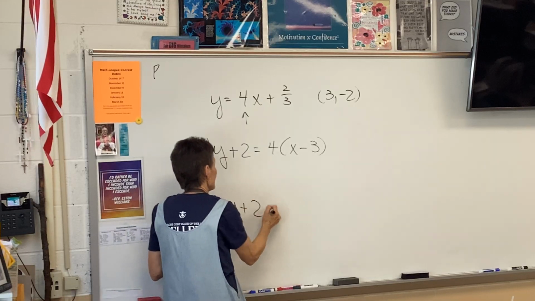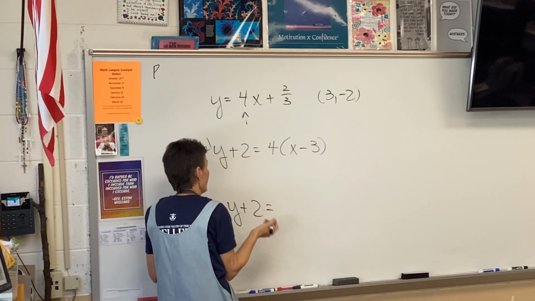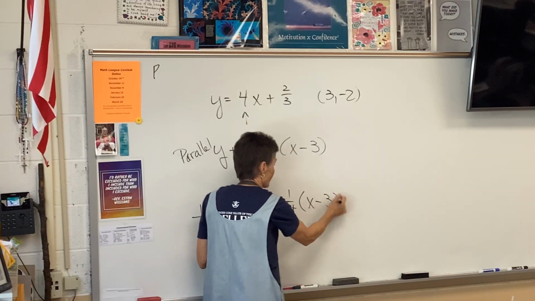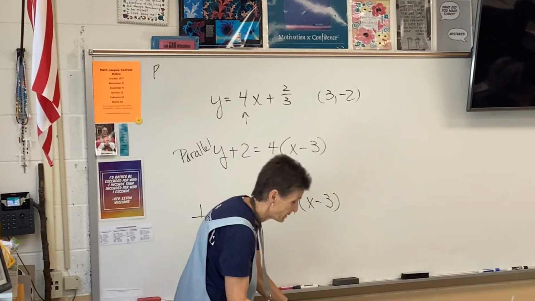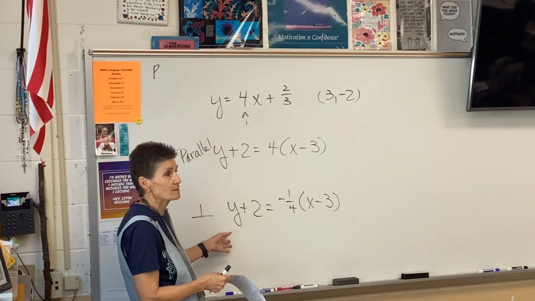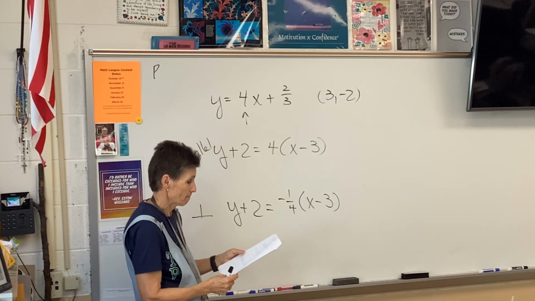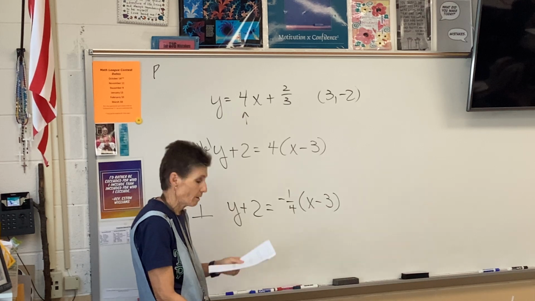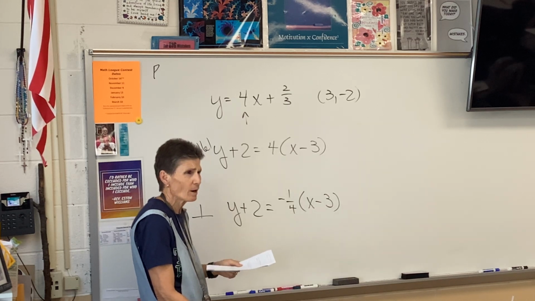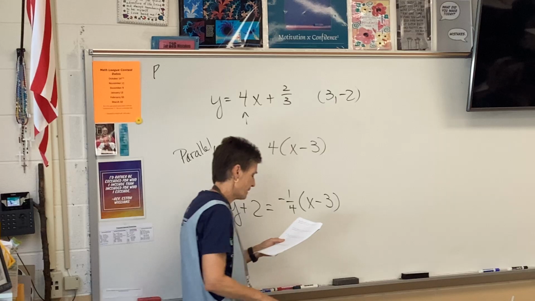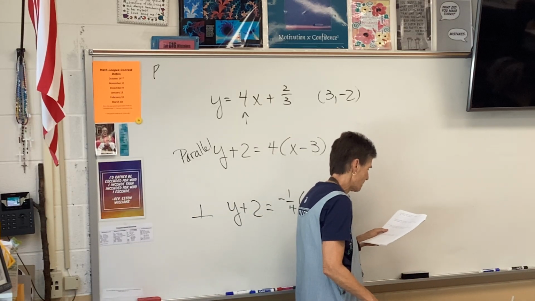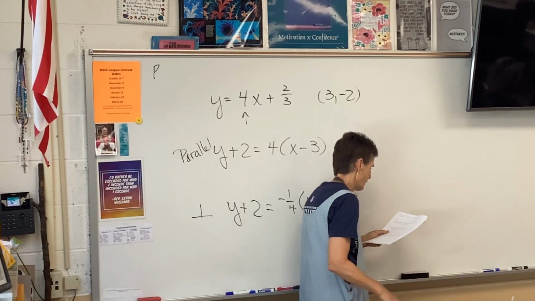So what is the opposite reciprocal of 4? Negative 1/4. I think it's the same point. So there it is. All right, that seems okay, right? Good. Number 9, given all these points, find A and B so the quadrilateral ABCD is a parallelogram.